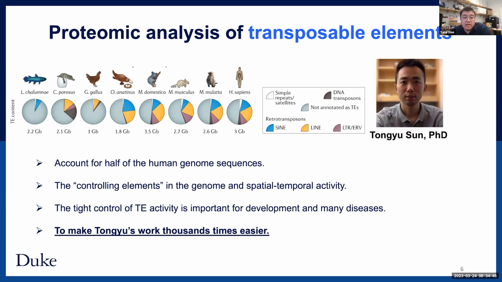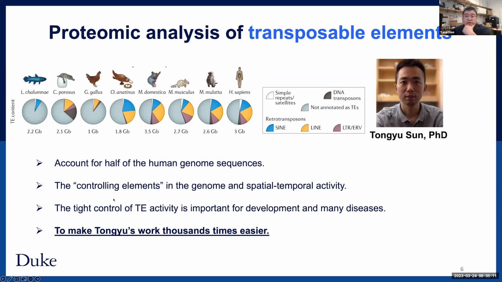Also, recent studies by many labs, including several Folding labs, show that the tight control of transposable element activity is important for development and involved in many human diseases. And most importantly, if we are able to establish this method using transposable elements, then it will be technically 1,000 times easier than doing proteomics analysis on a single gene regulatory element.